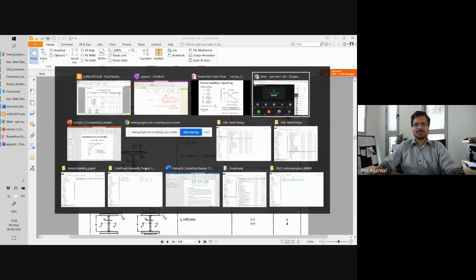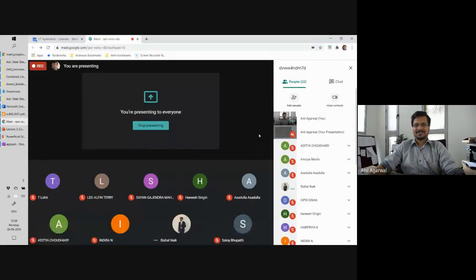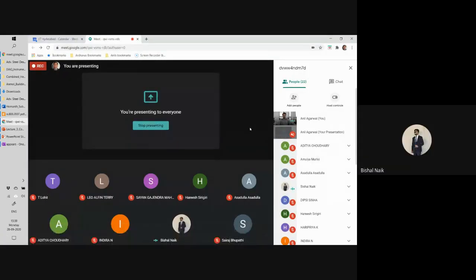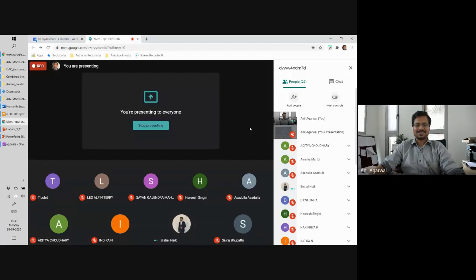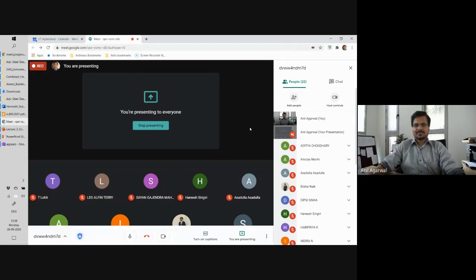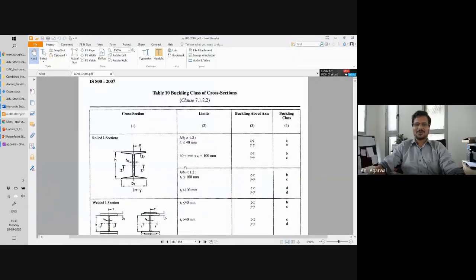Who is so sure that it's major axis buckling? Vishal, sir. Vishal? Okay. Anybody thinks that it is a minor axis buckling? No, sir, major. Okay, nobody thinks that way. All right, then I have to go with the majority. So buckling about ZZ axis is the major axis buckling.